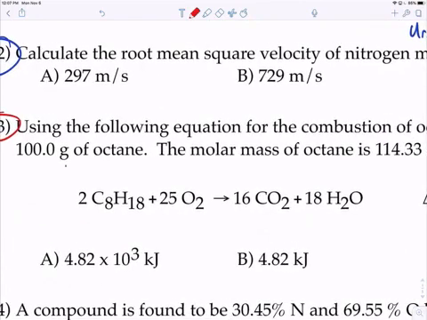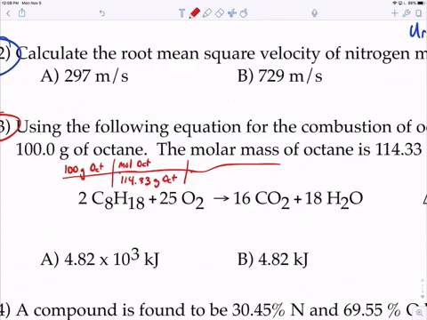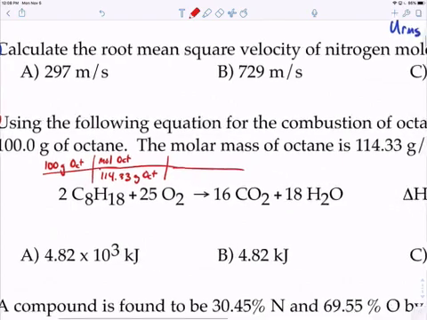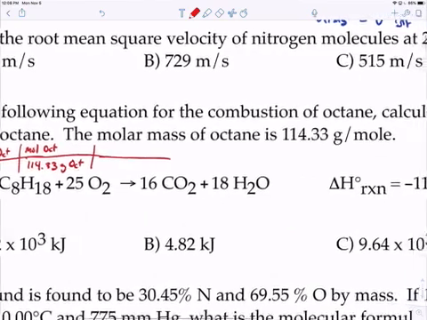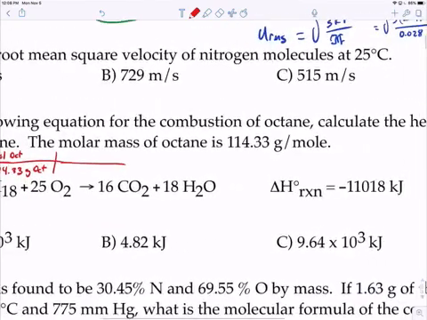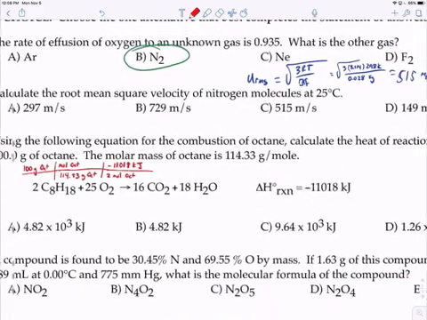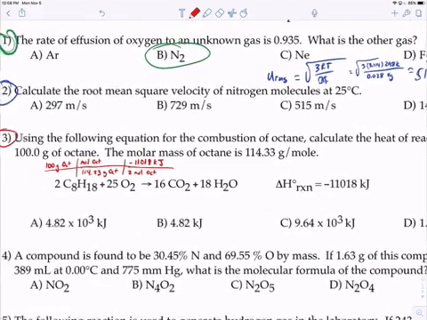So 100 grams of octane, 1 mole octane to 114.33 grams octane, and minus 11,018 kilojoules to 2 moles octane.